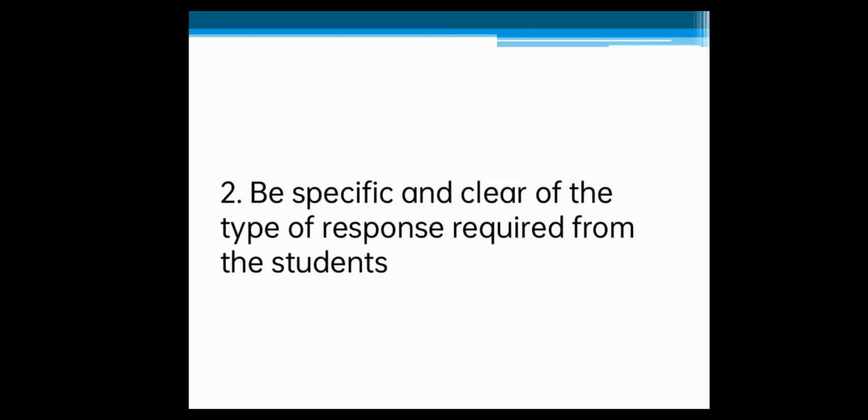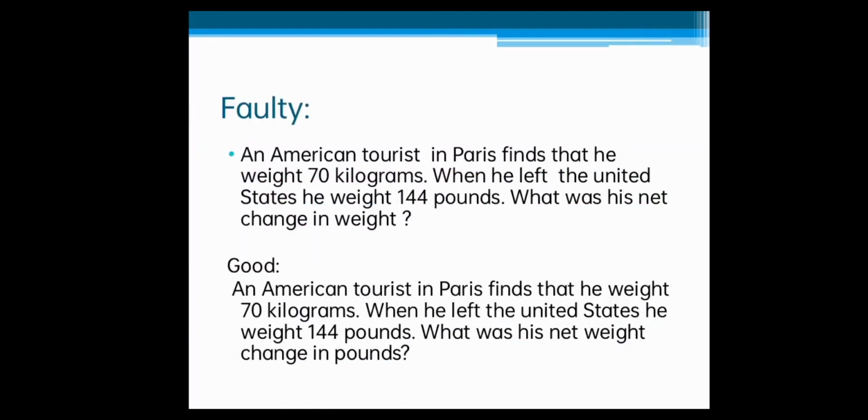For example, the undesirable or faulty: An American tourist in Paris finds that he weighed 70 kilograms when he left the United States. He weighed 144 pounds. What was his net change in weight? This is a faulty question kay di siya specify in what unit the answer should be presented.